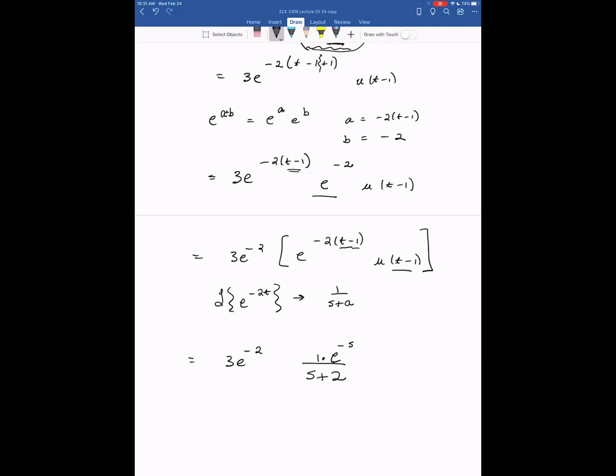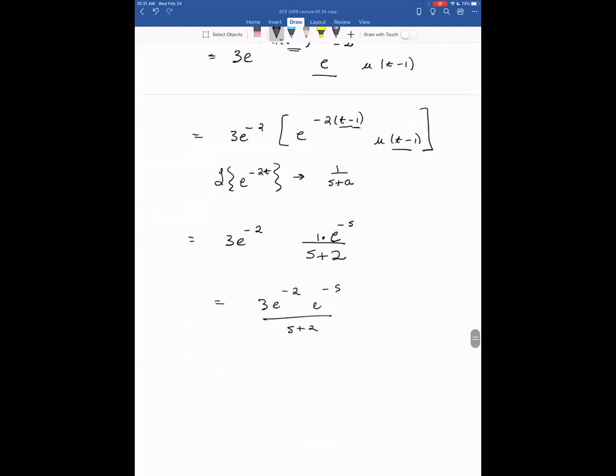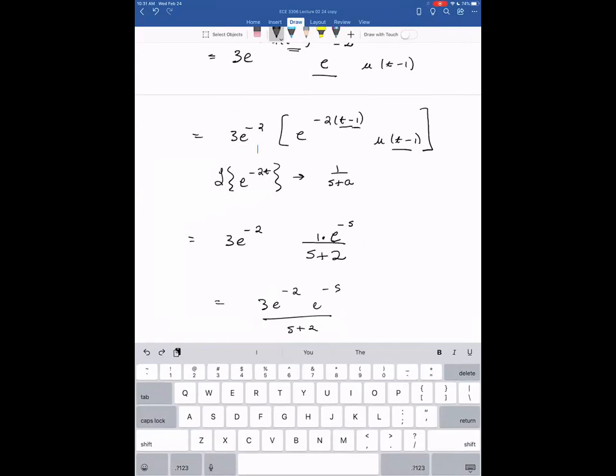Because the shift is 1, so it's actually e to the minus 1s. So I get 3e to the minus 2, e to the minus s over s plus 2. And simplifying further if I want to, what is going on here?